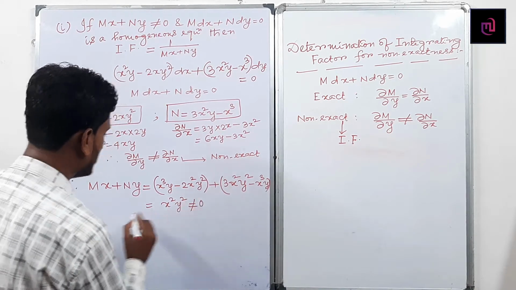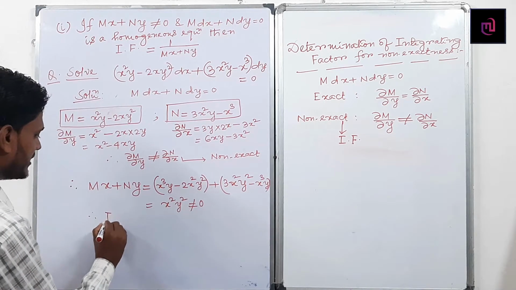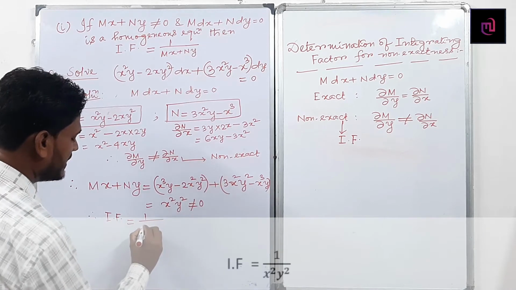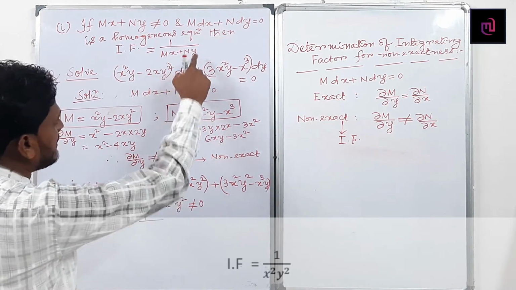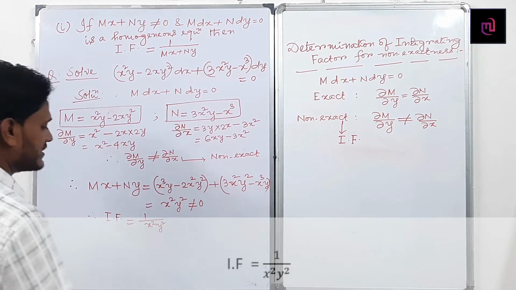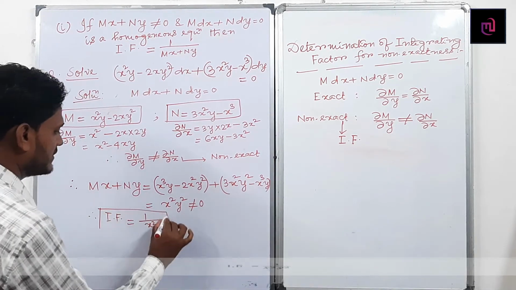This part is not equal to 0. Therefore the integrating factor becomes 1 divided by Mx plus Ny, that is 1 divided by x square y square.